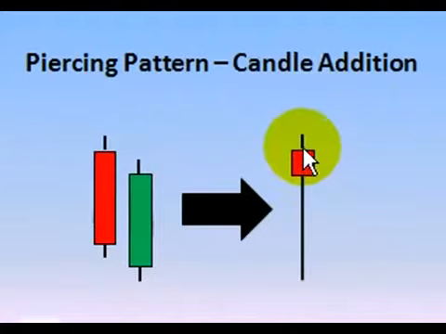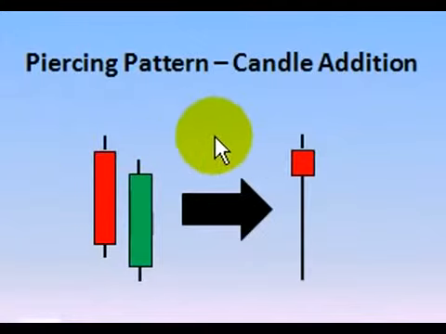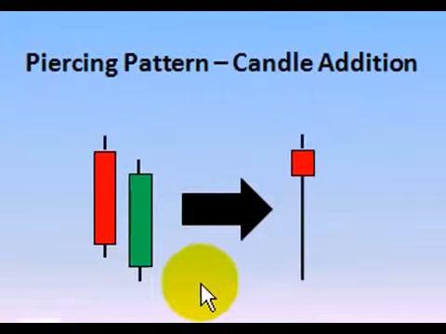Moves to the highs here, which is equal to the high of the piercing pattern here. Moves to the low point, which is once again equal to the low point of the piercing pattern, and moves to close at this point, the base of the red real body, which is once again equal to the closing price of the whole piercing pattern, which is the close of the green candle here.